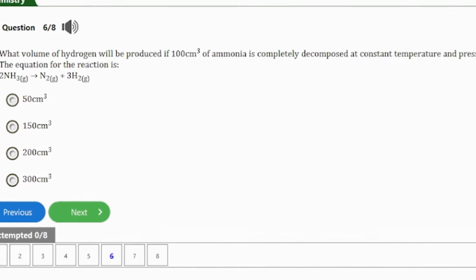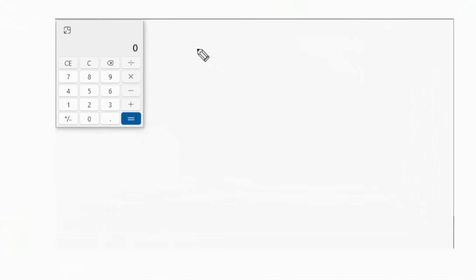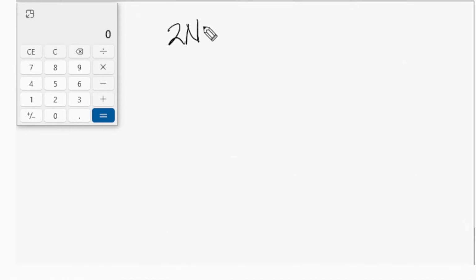So let's zoom into our workspace here. So we have 2 NH3 decomposing to form N2 plus 3 molecules of hydrogen. So guys, these are all gases.